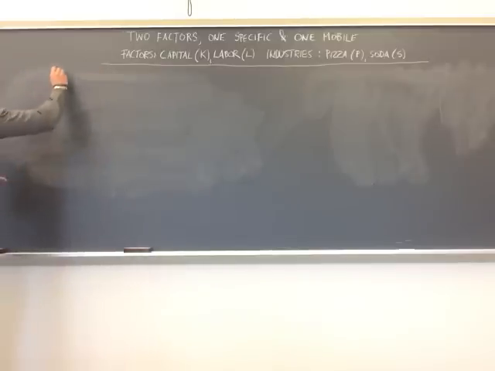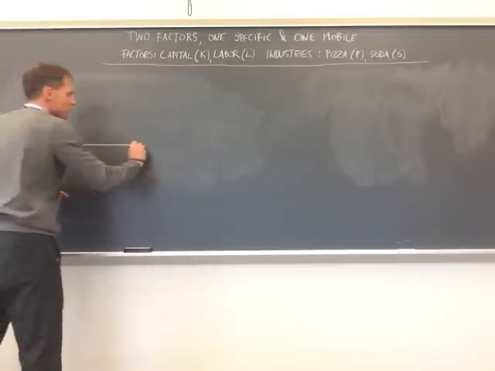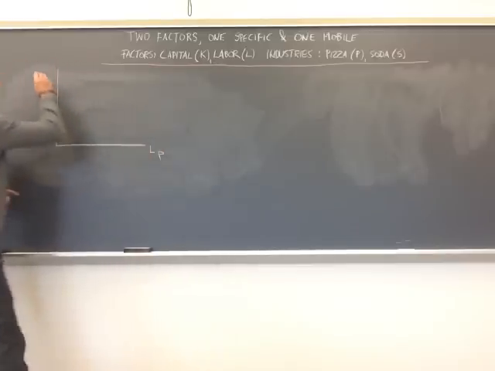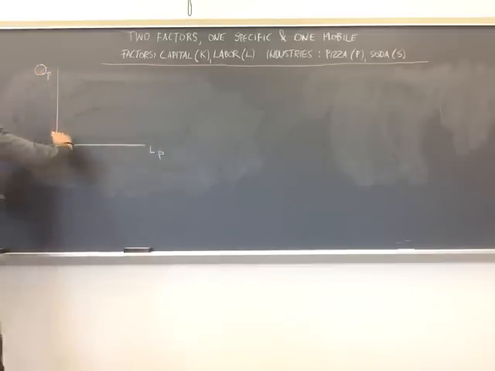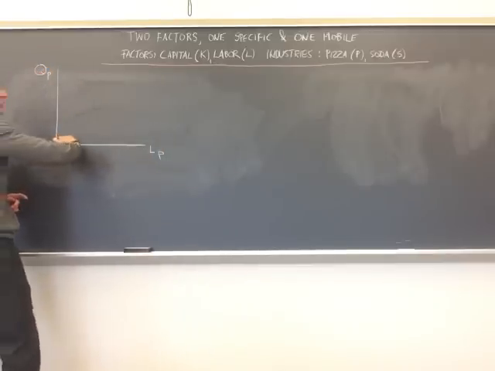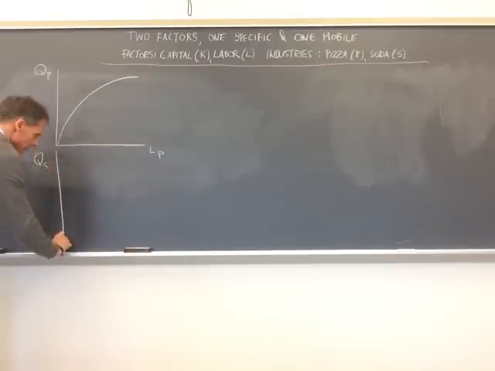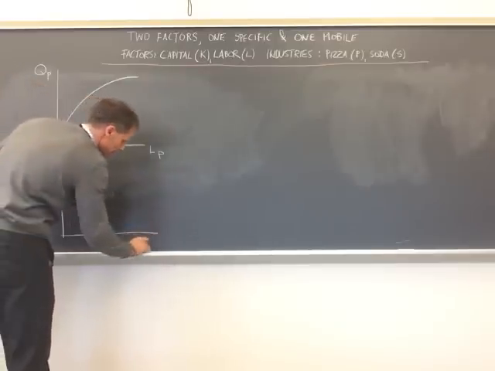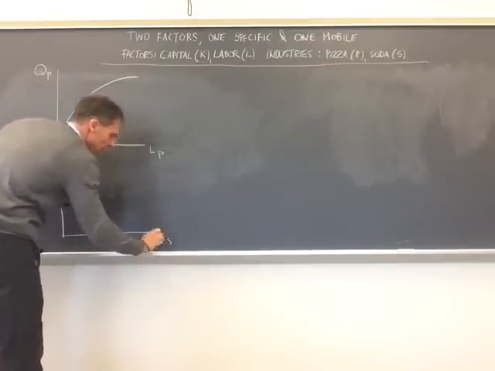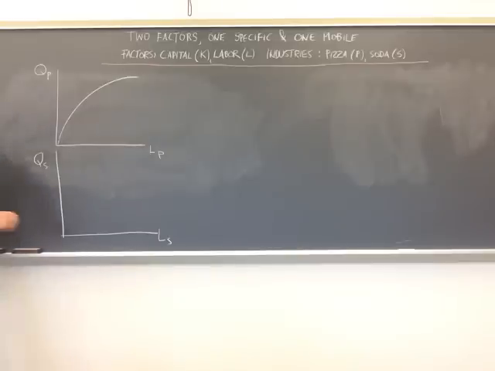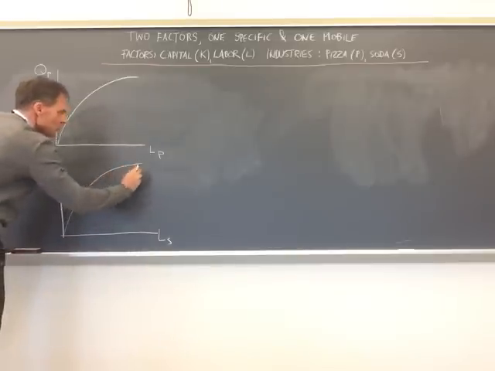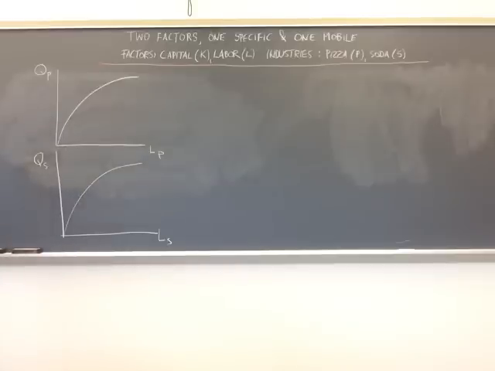So now we have one production function for the pizza industry. And because of diminishing returns, it looks like this. And we have one production function for the soda industry, and that one is also subject to diminishing returns. So that one looks like this.